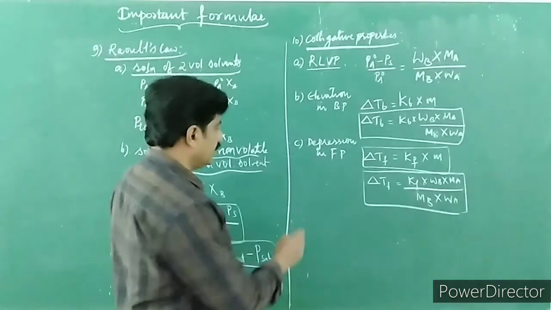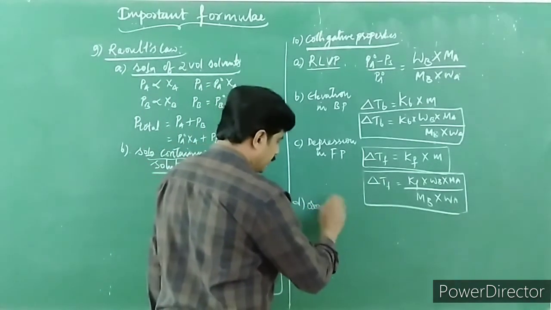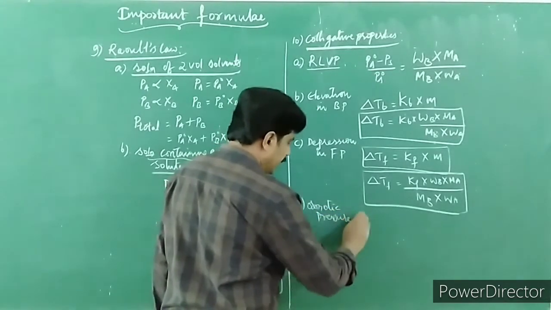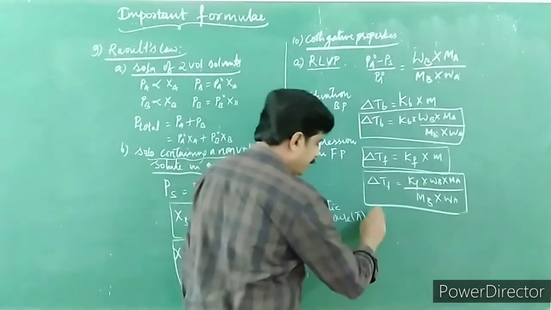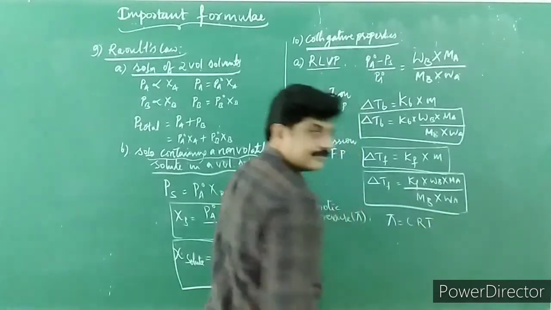The next one we have is osmotic pressure, denoted by pi. Osmotic pressure, pi is equal to CRT.